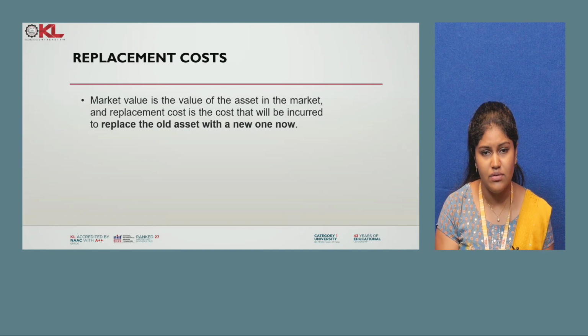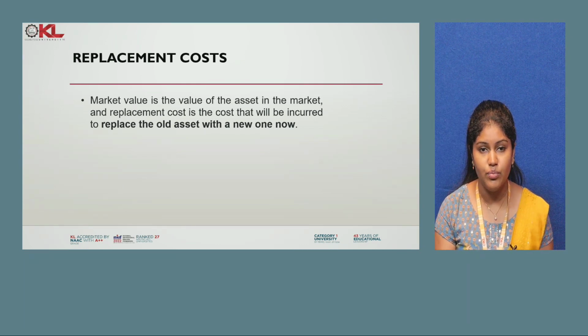For example, in our houses, washing machines will be there, and we will replace that with a new one. We will sell the old one and get some cost for that, and then get the new one. So the cost depends on the market value, what is the value of that particular asset in the market. Based on that, we will get the replacement cost and replace the old equipment with a new one.